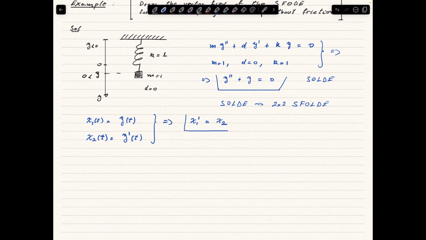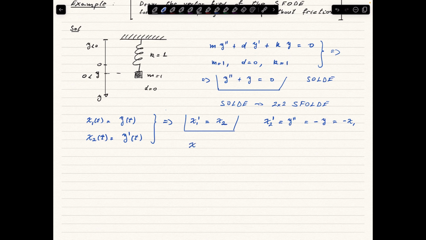Okay, what is the equation for x2? Well, x2 prime is y double prime. But from here, we see that y double prime is negative y. But we just said that y is x1. So this is negative x1.